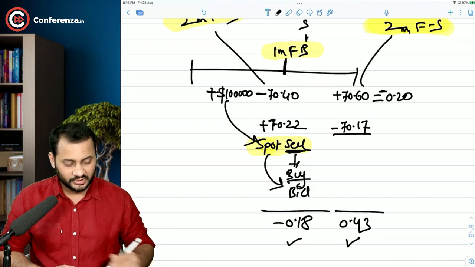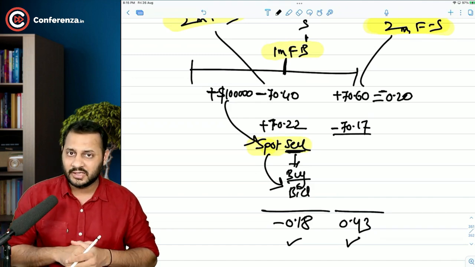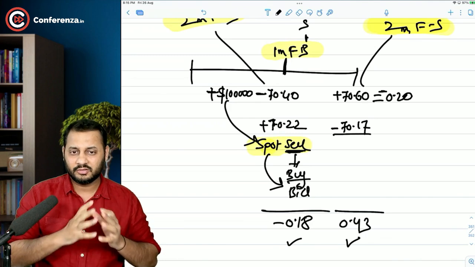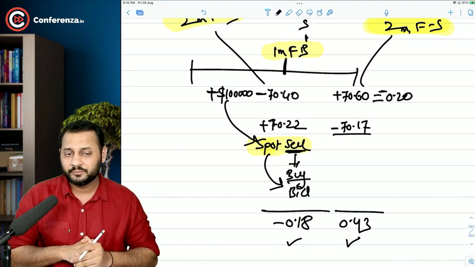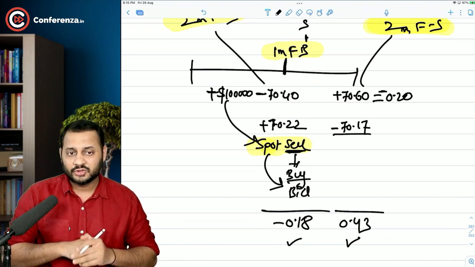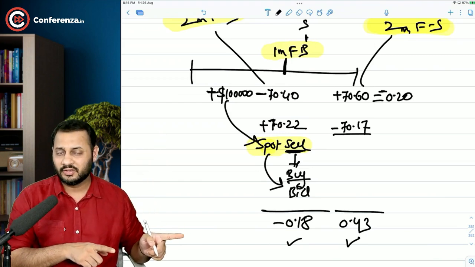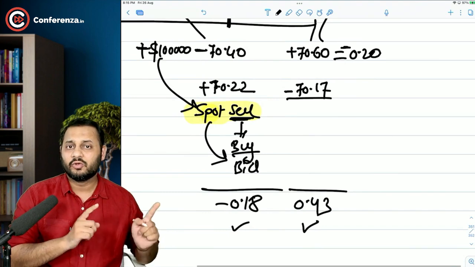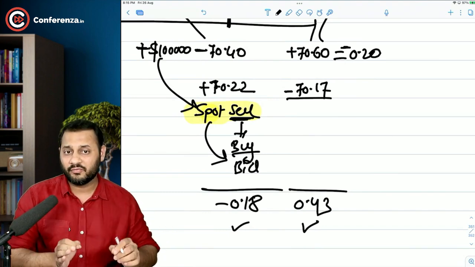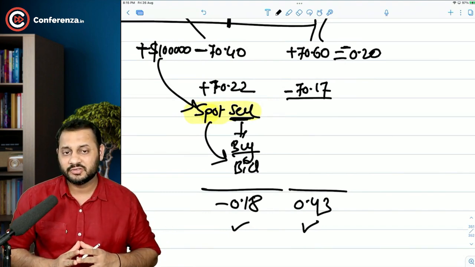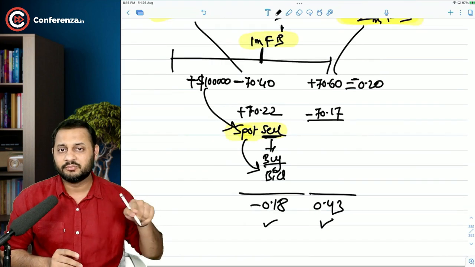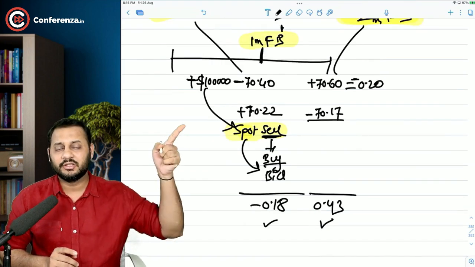So this is a loss now to us because the transaction didn't happen as contracted or as agreed. So that 20 paisa loss of profit, 18 paisa loss of the early settlement, and 43 paisa profit of the cover deal cancellation will be totaled and shared with the customer.